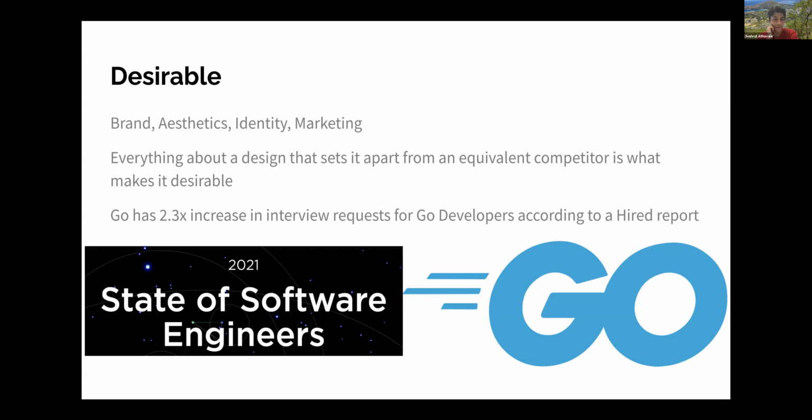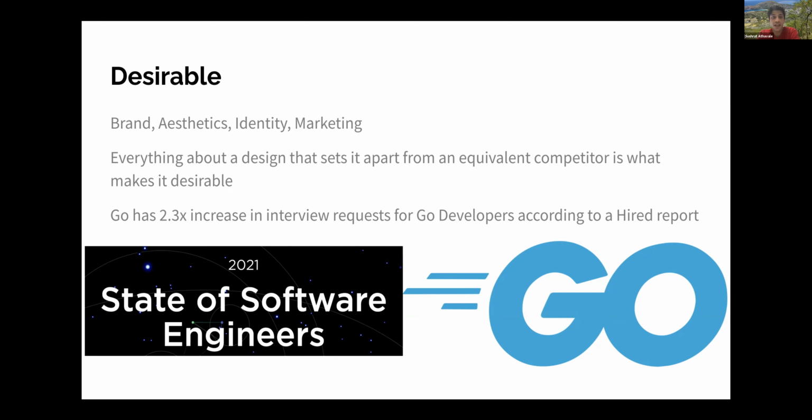brand, a company. One example of something else in development that has really branded itself as desirable is Go. Go is really desirable right now. According to a Hired report on the state of software engineers in 2021, Go developers saw a 2.3 times increase in interview requests. They're really, really desired right now. And it's interesting because Go is super useful. It's a good technology, but there are a lot of things in Go that you can't do with other languages.